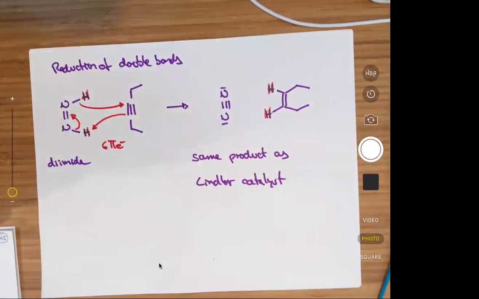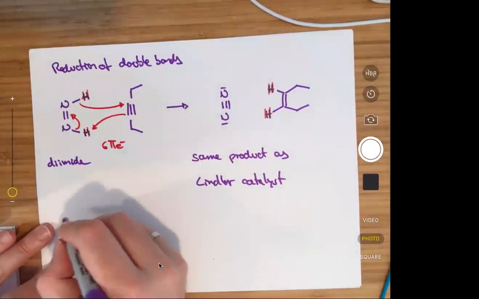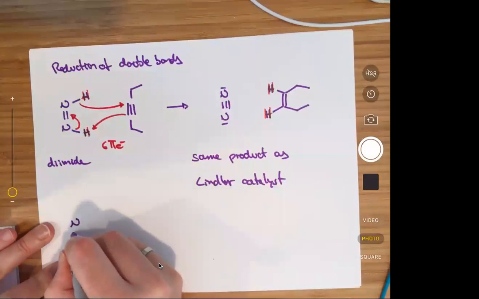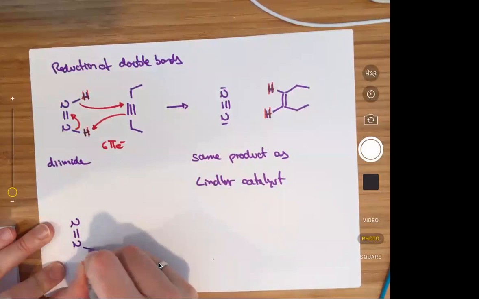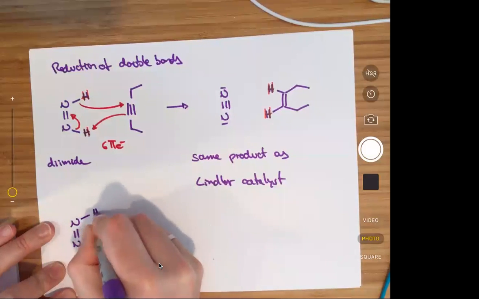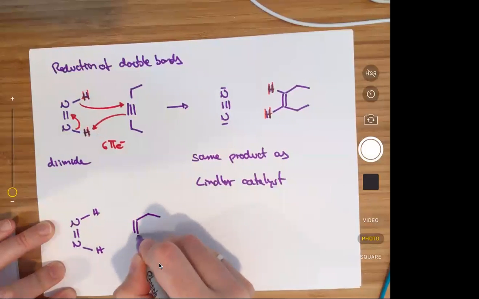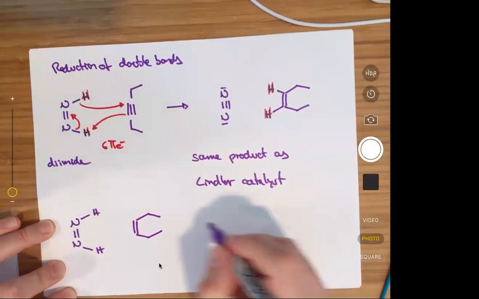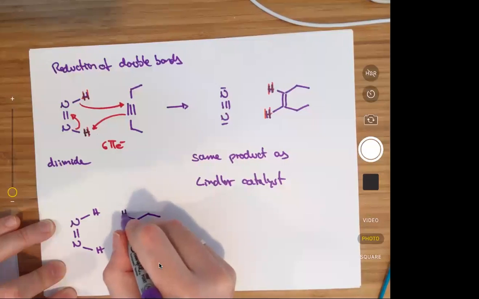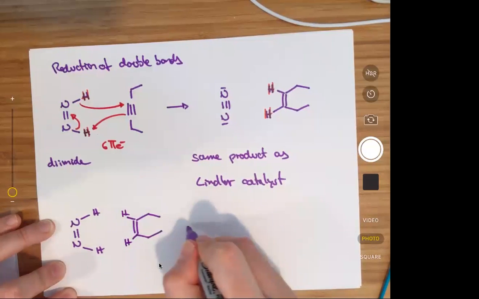Now the same thing works also with simple olefins. So if you have something like this, again a diimide, and you react this with an olefin, you get the same product. So let's do hydrogen, hydrogen.